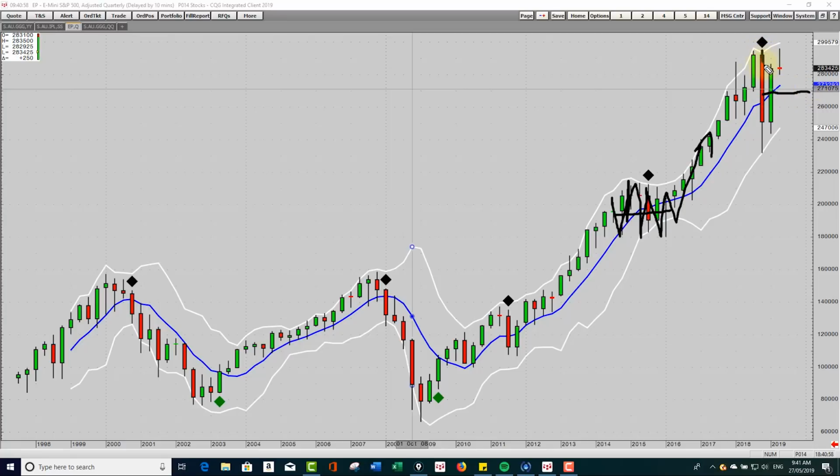So really that midpoint of the quarterly sell pivot is very important, and that's around that 2650 region.